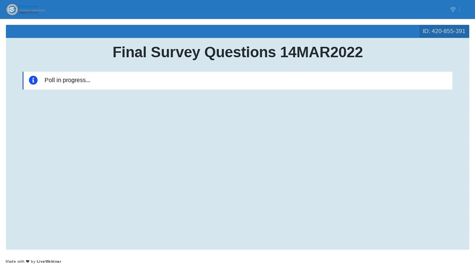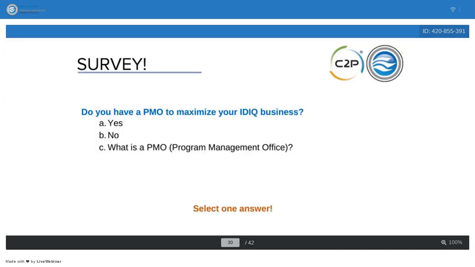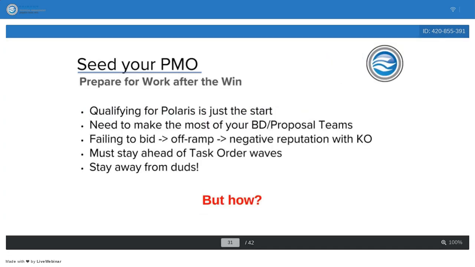Let's give it a couple more seconds. Yes is creeping up, just inching ahead. So for the most part, it's even between having it or not, and only a few may have it but call it something different, and that's a very good possibility.